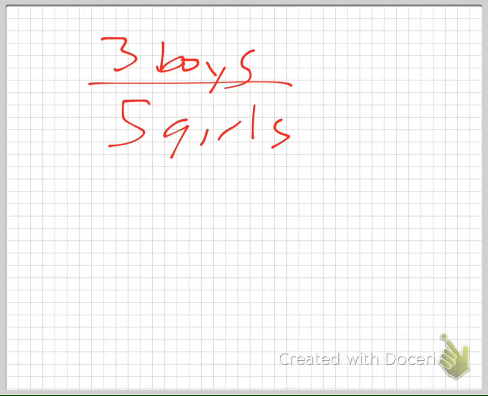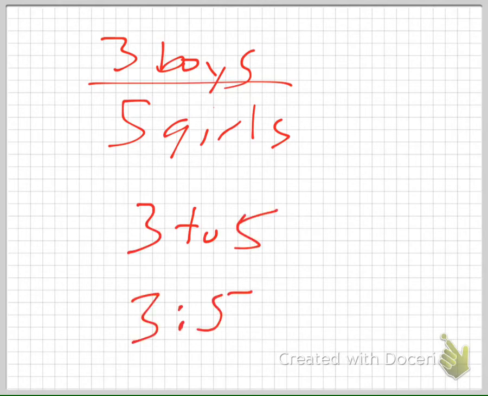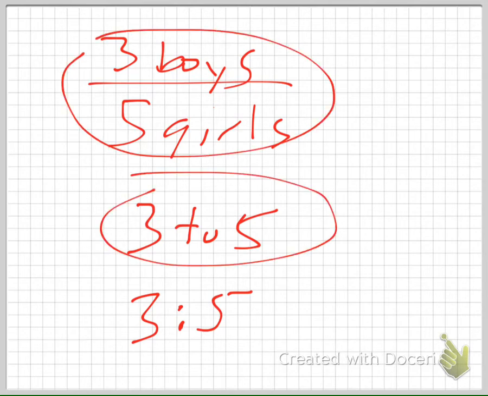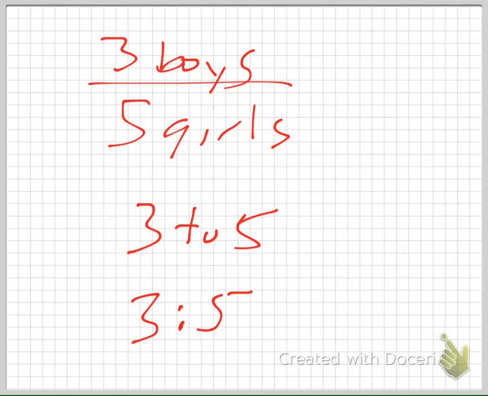Another way to write 3 boys to 5 girls would be 3 to 5, or 3 and then colon 5. You've done this, right? These are ratios. Now, would it be incorrect for me to write down this ratio as 5 to 3, 5 girls to 3 boys?